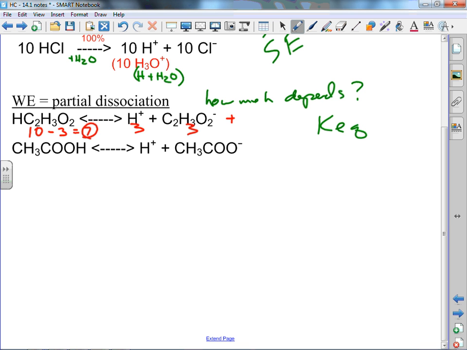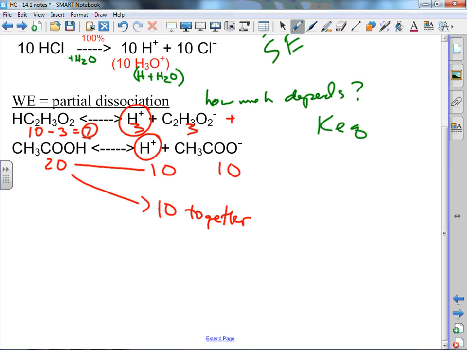Same thing here. We could have maybe 20. Again, same chemical here. It doesn't matter how we say this. This is acetic acid. That hydrogen still is going to break off. But if we have 20 of them, maybe 10 break apart, and maybe 10 stay together. We do not need to know how many.